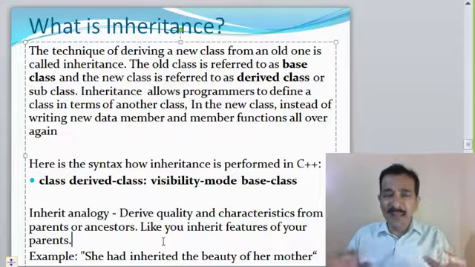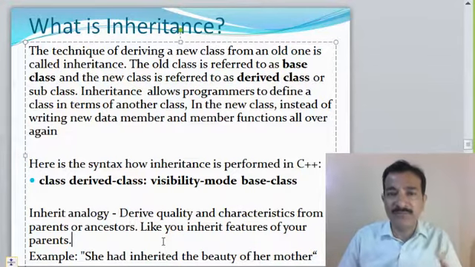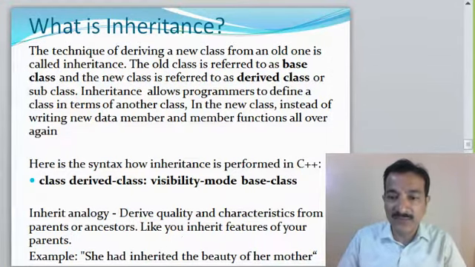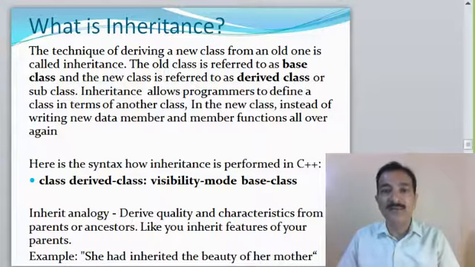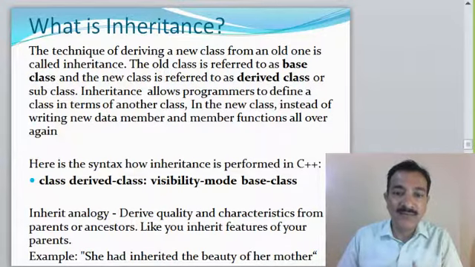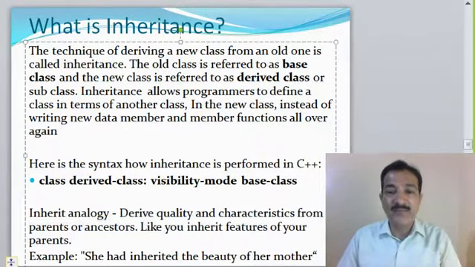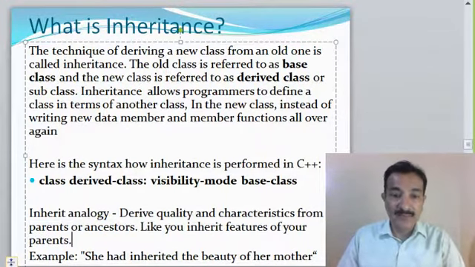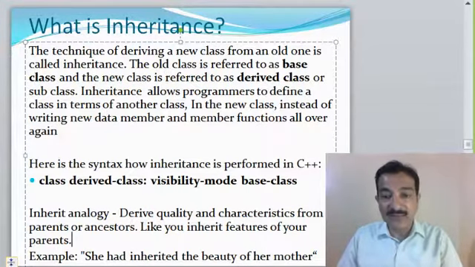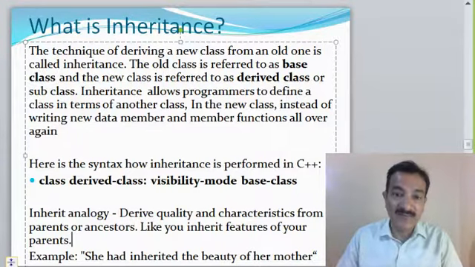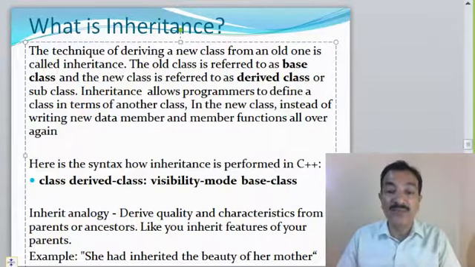In a simple analogy, if we want to compare with day-to-day language, you can define it like this. Derive quality and characteristics from parents or ancestors, like you inherit features of your parent.